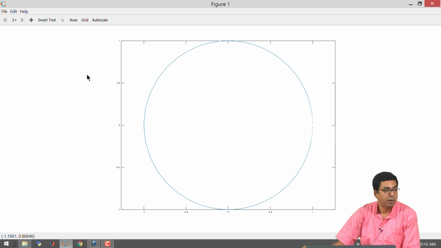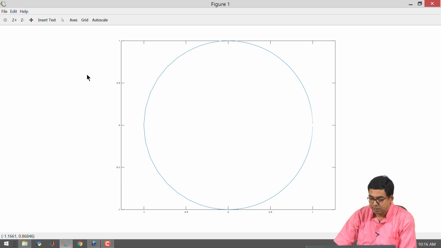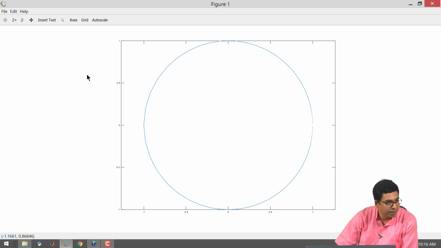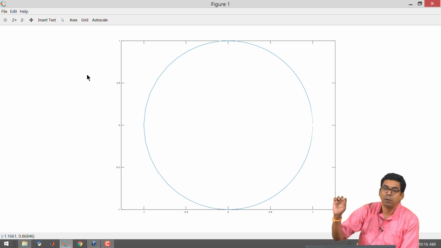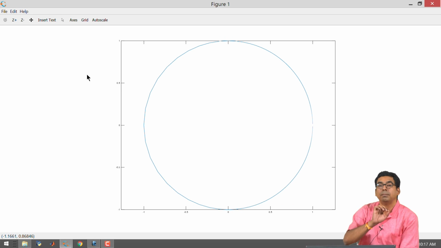Now, the locus of all the points is a circle. Okay. What this means is the x-axis corresponds to the real part of gamma, y-axis corresponds to the imaginary part of gamma. I am keeping r fixed at 0, I am taking x going from minus 500 to plus 500, and I am trying to plot what the value of gamma would be, and it turns out that it sweeps a circle.